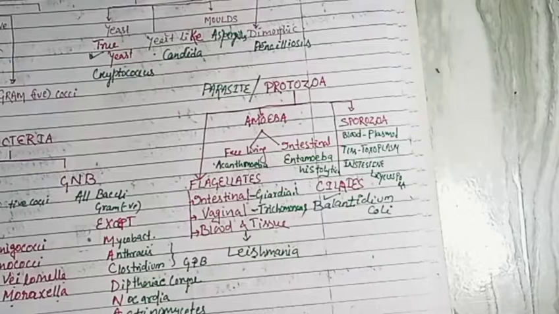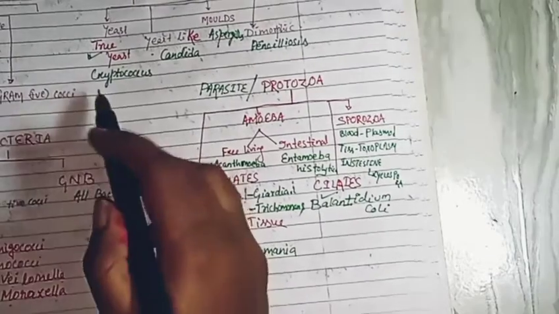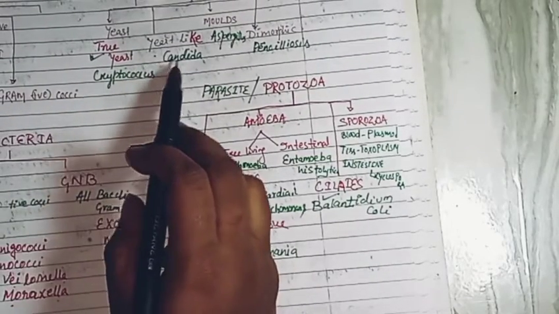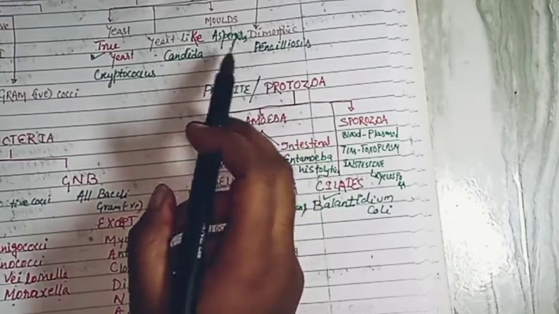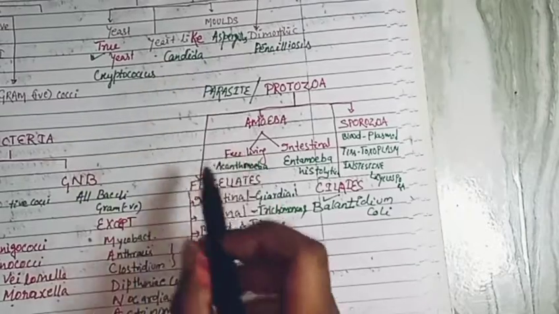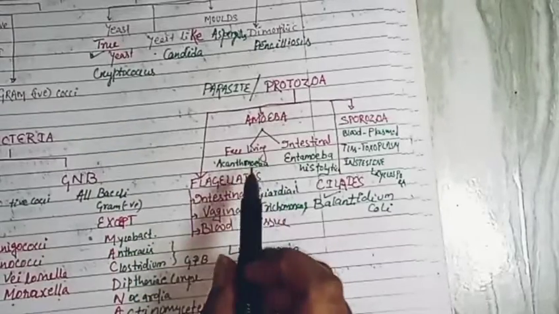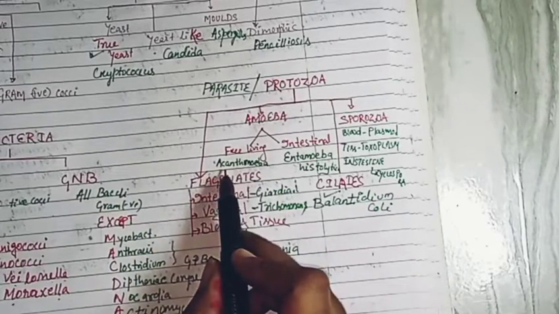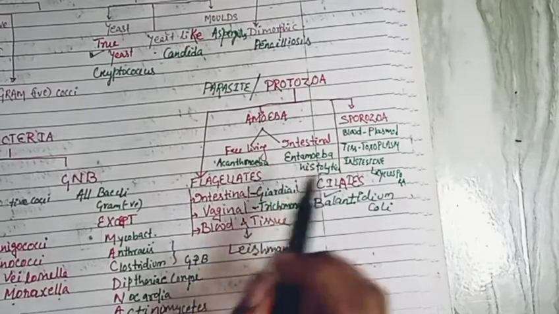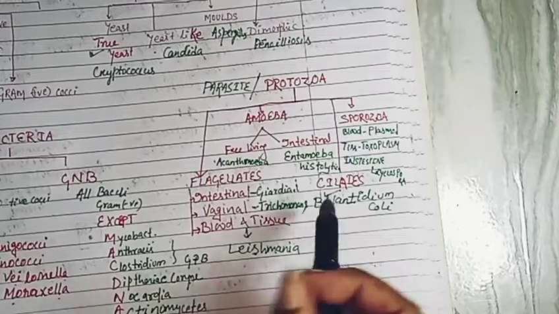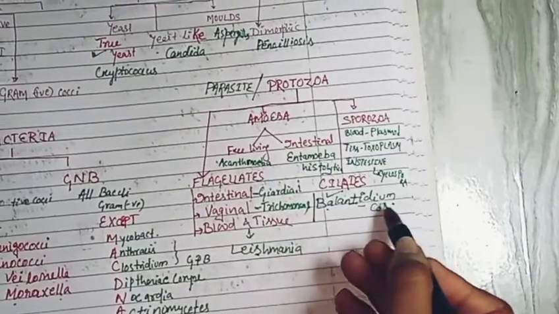Now what are the examples? True yeast, like Cryptococcus; yeast-like, Candida; molds, Aspergillus; dimorphic, Penicillium. These are examples of the different kinds. In the protozoa case, the free living amoeba is Acanthamoeba, the intestinal amoeba is Entamoeba histolytica. In ciliates, it is Balantidium coli.